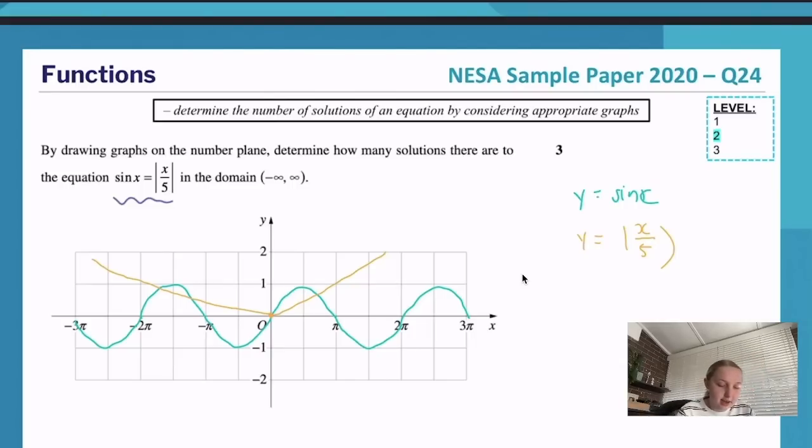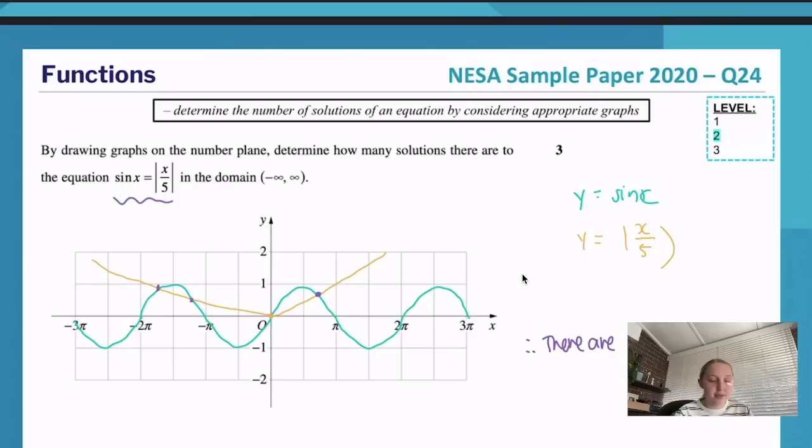So then all we want to do is look at our solution. So where do they intersect? 1, 2, 3. So therefore, there are 3 solutions. Okay, so this is a super common functions question, just about finding solutions based on graphing. Usually in your exam, at least one of your questions will have something about graphing.